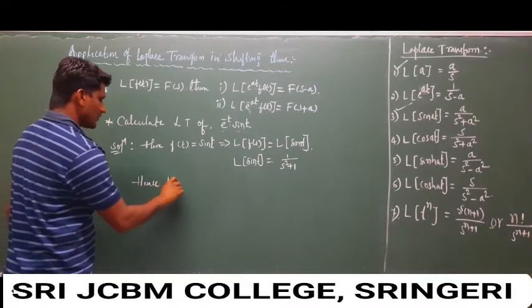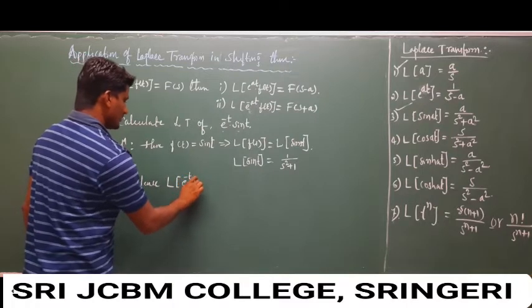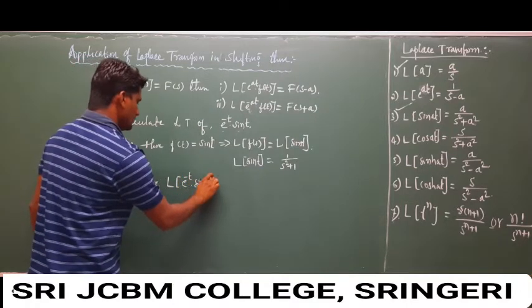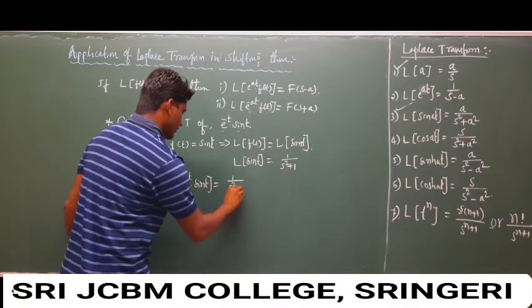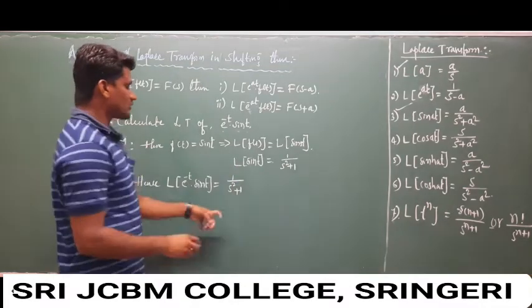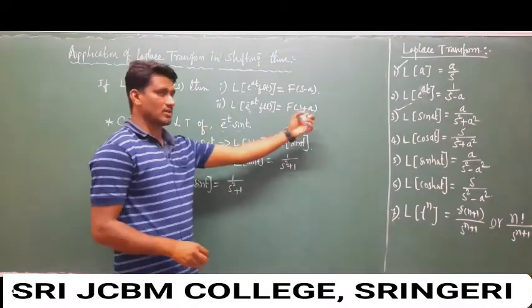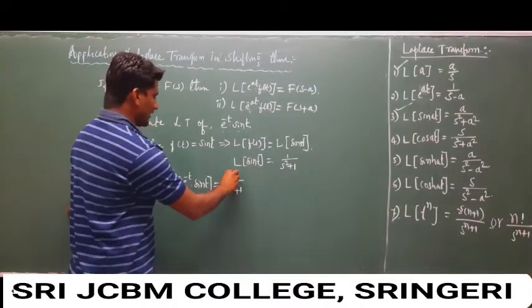Hence the Laplace transform of e to the power minus t sin t is equal to 1 over s square plus 1. With the help of the first shifting theorem, we change the s value to s minus a or s plus a, as is convenient.